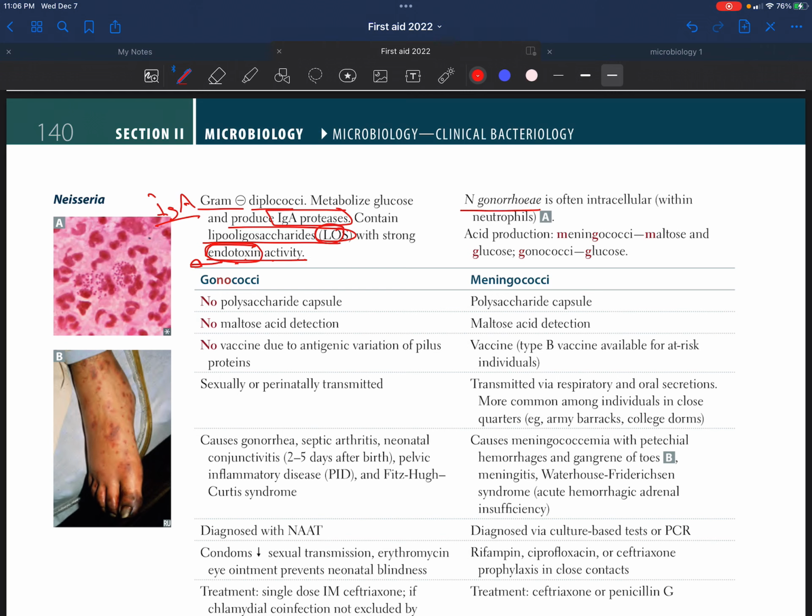So the Neisseria gonorrhoeae is often intracellular, and it's contained within the neutrophils. The meningococci, to summarize it better: meningococci is able to ferment maltose and also use glucose, while the gonococci only work on glucose.